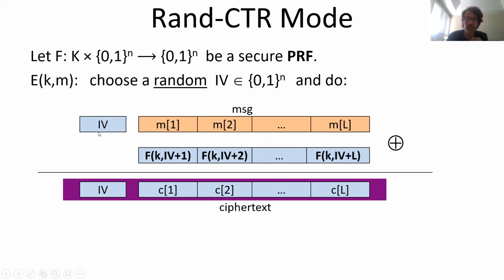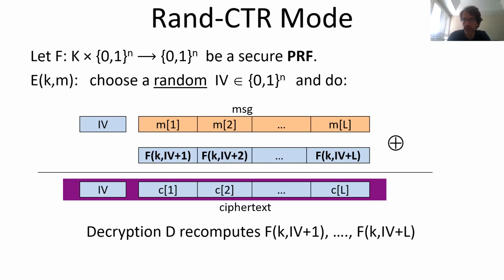My ciphertext is the randomness and the XOR between these and these. And the decryption, given the IV, which stands for initialization vector, recomputes this and XORs as before.